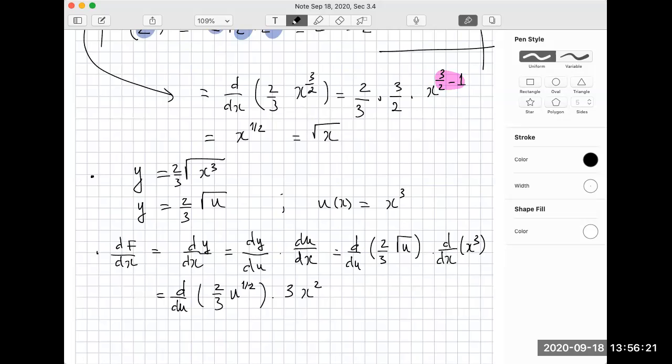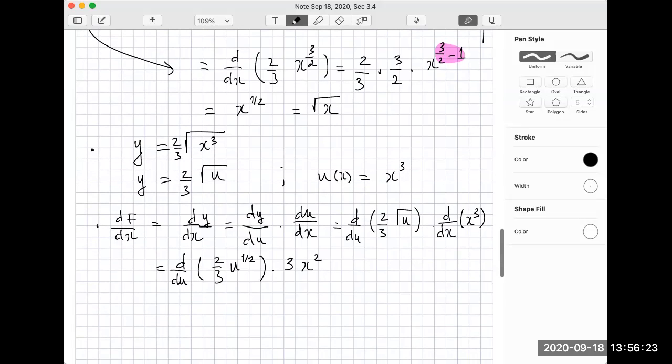So now, again, d over du of this one will be, okay, the power here, we will bring it down, and the constant we can take it out here, 1 over 1/2, and u to the 1/2 minus 1, right? And 3x squared, we just rewrite it.